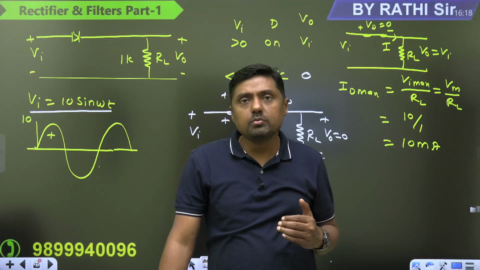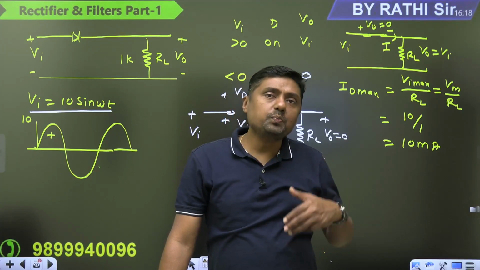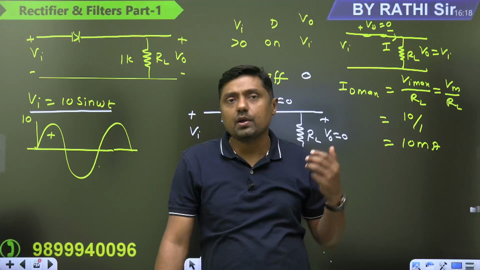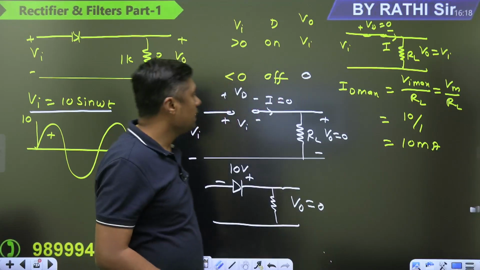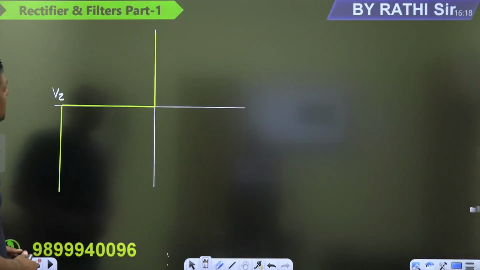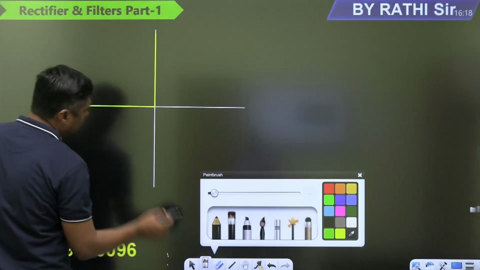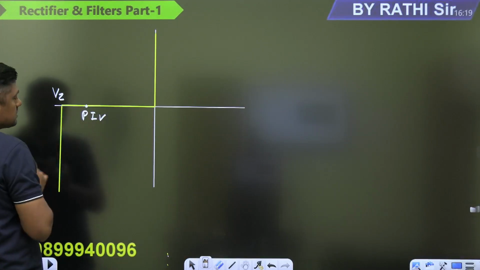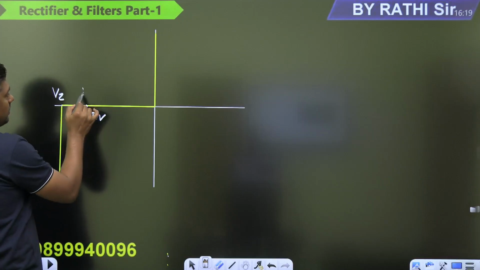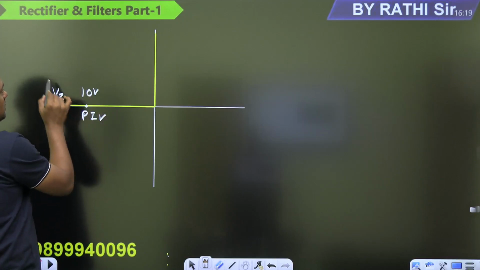Always remember, if the PIV appearing across the diode is 10 volt, then the breakdown voltage should be greater than that. Then what should be the breakdown voltage? More than that. For example, PIV appearing is 10 volt and breakdown voltage is 12 volt.